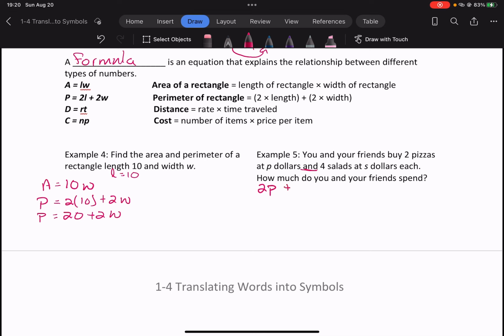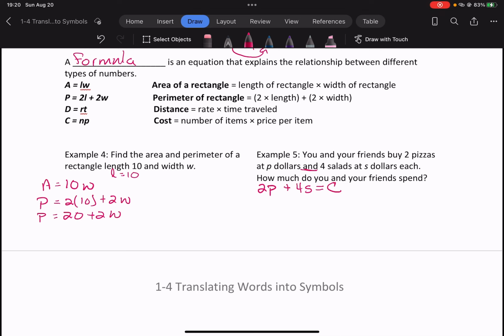So we're going to add to it the cost of the salads. Again, we know what the cost of the salads is, the number of salads times the price per salad. We know the number of salads we bought was 4. And the cost of each salad is S. That is going to equal the cost, or how much we spent, the total cost.